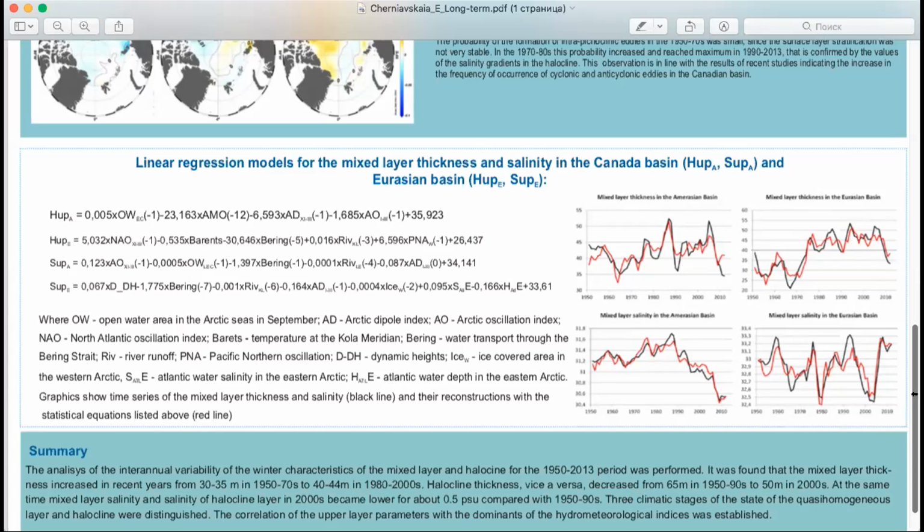These statistical models are, in fact, linear regression equations that connect all the listed external factors to reconstruct time series of the mixed layer salinity and thickness, and to give an idea of the processes that could cause this internal variability. And on the graphic, you can see that the black line is the actual time series and the red line is the reconstructed time series that was obtained with these models. So that's it.